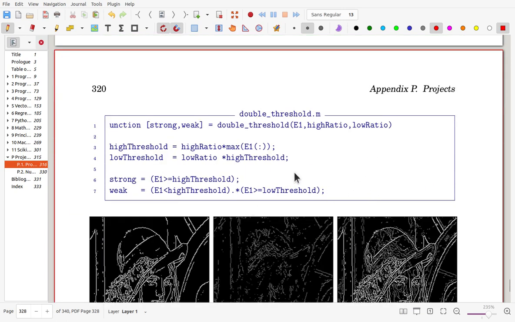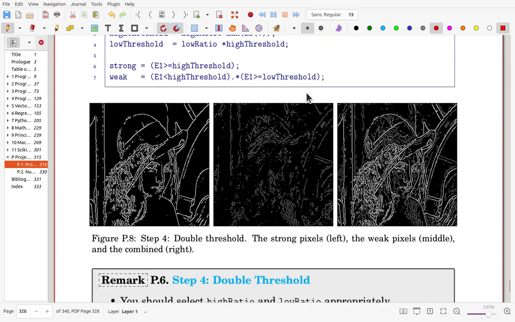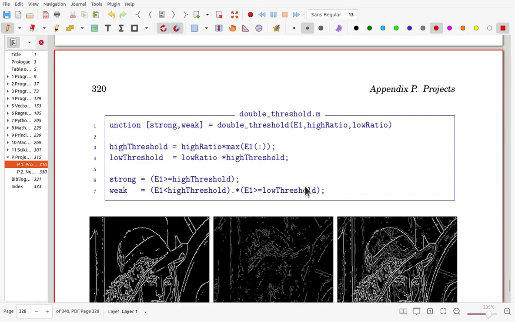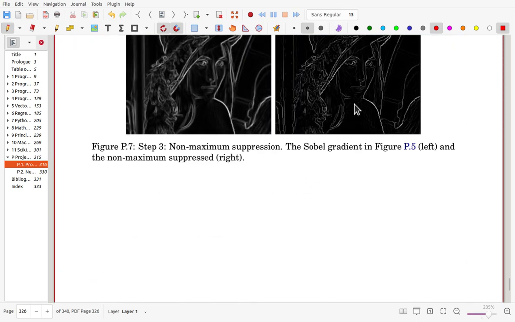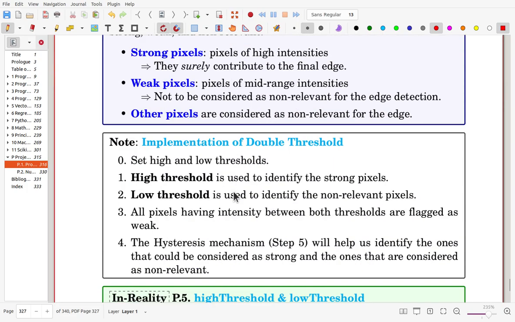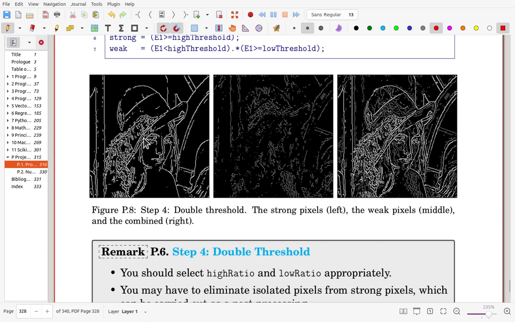Okay, once the high ratio and low ratio are given, then along with that we get the high threshold and low threshold. In fact, these two ratios are given as in this example. Then for that image here, the thin edge intensity image, now we try to get strong pixels and weak pixels, and these are combined.